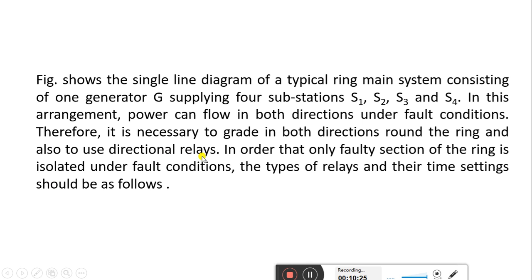Now, in order that only the faulty section of the ring is isolated under fault conditions, the types of relays and their time settings should be as follows.